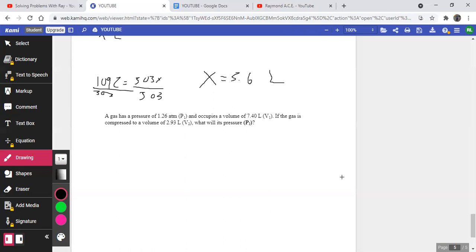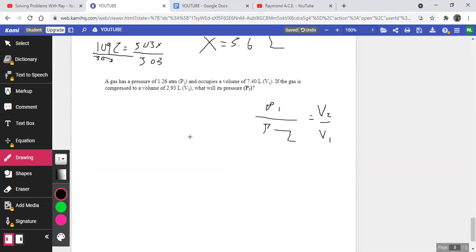So the formula for this one will be P1 divided by P2 is equal to V2 divided by V1. This right here shows the inverse proportional relationship, and that is very important to solving Boyle's law problems. So let's fill it in.